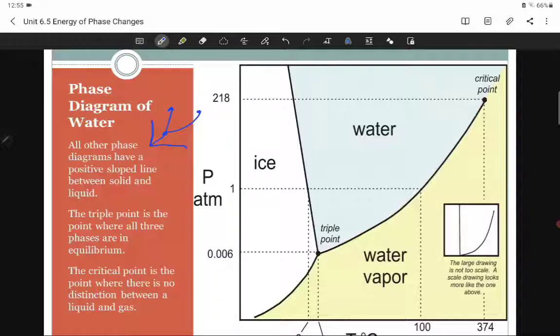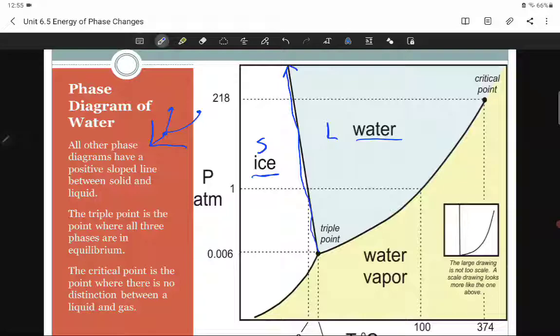The difference between the one I just drew and the one that's up here is that the line between solids and liquids for water is negatively sloped.